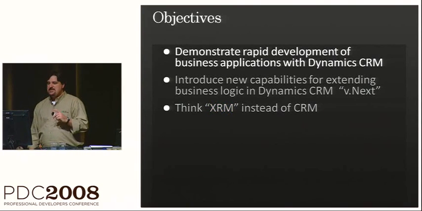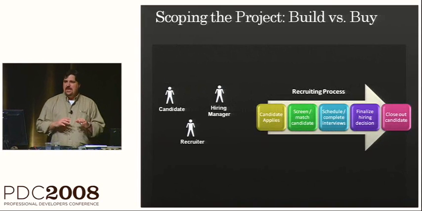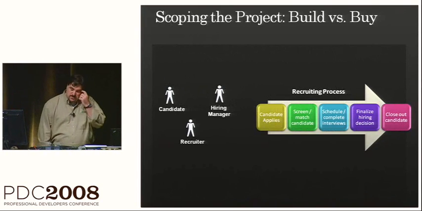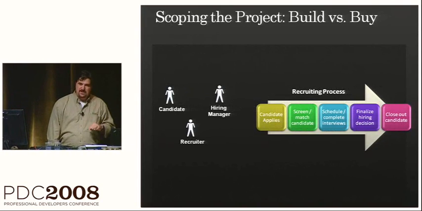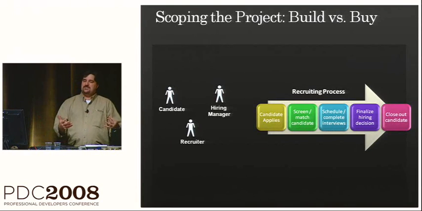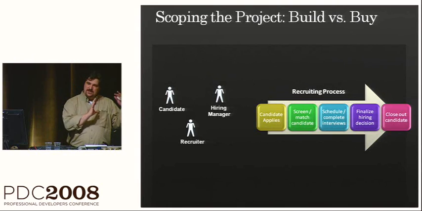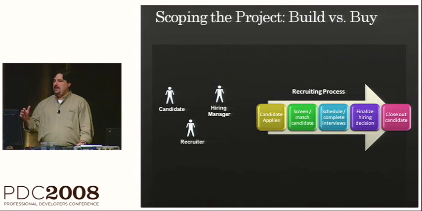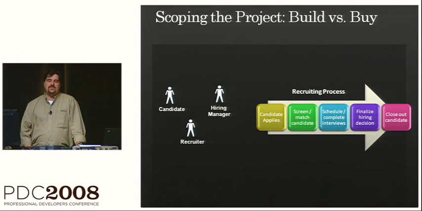Now, I'm going to spend some time on this first one. We're going to get into code very quickly, but one of the things I wanted to spend a minute on with everybody in the room is understanding where CRM comes into the value proposition and how we're trying to think about it. So this is really about a build versus buy decision for a lot of you. Now, what does that mean? Well, build, there's a lot of capabilities. We've seen a lot of those at the conference over the last 3 days, right?